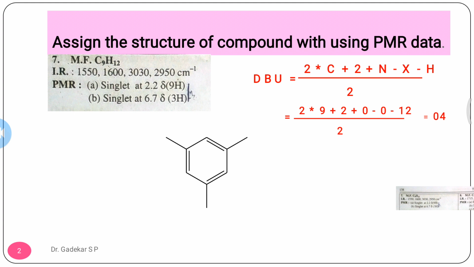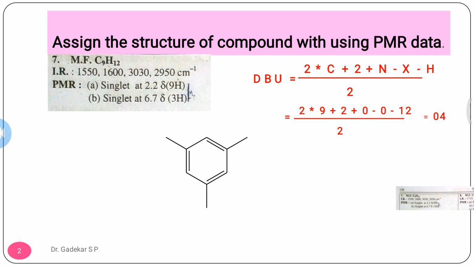The CH3 groups are also chemically equivalent, but they are sp3 hybridized and their chemical shift is lower. But the ring protons give 6.7 delta because the ring is highly deshielded. So this is the structure of the C9H12 compound.